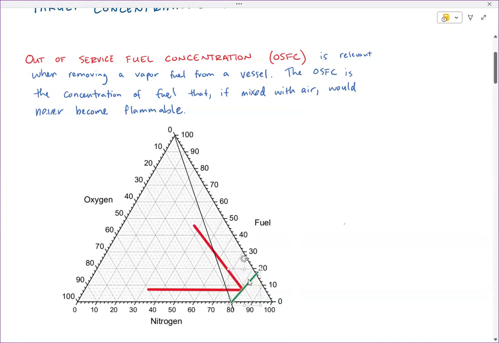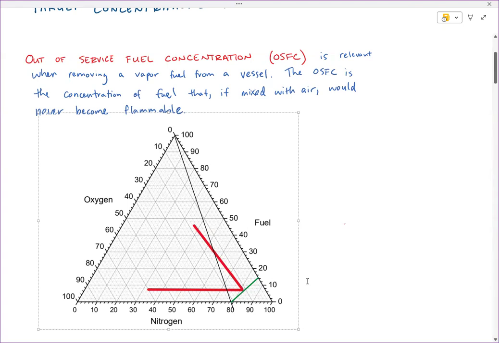This is getting close, still just a little bit more maybe. There. So from here, I can conclude that if my fuel composition, reading the fuel composition off of this axis, is 15% or less, even if I mix that fuel nitrogen mixture with air, I still avoid the flammable region. And that is what I want to do.